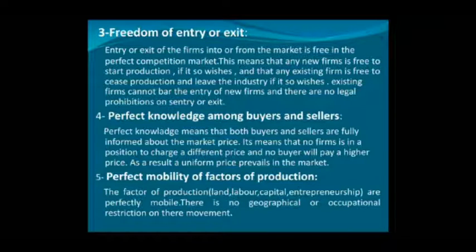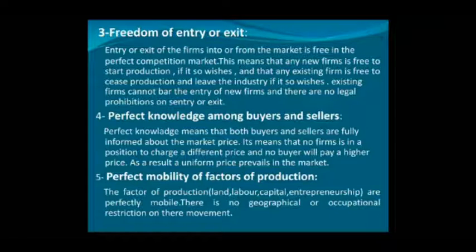Fourth, perfect knowledge among buyers and sellers. Perfect knowledge means that both buyers and sellers are fully informed about the market price. Its implication is that no firm is in a position to charge a different price and no buyer will pay a higher price. As a result, a uniform price prevails in the market. Both buyers and sellers have perfect knowledge about the product market.